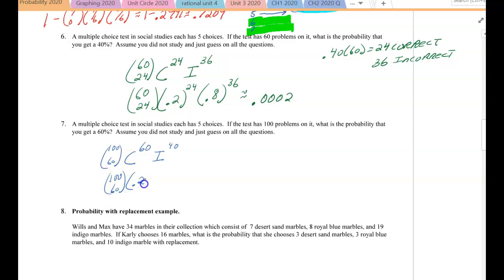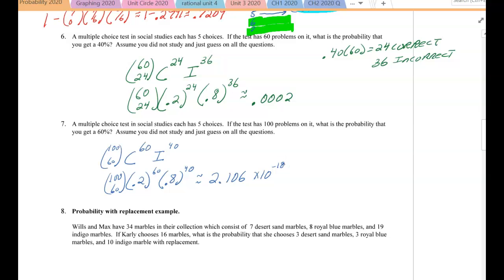So this would be 0.2 to the 60th, 0.8 to the 40th. If there were only 4 choices, it'd be 0.25 and 0.75. And doing this on your calculator, you get a relatively small number, 2.106 times 10 to the negative 18th.